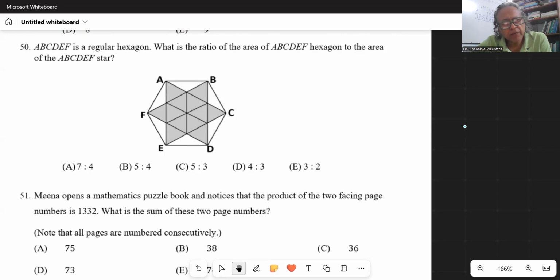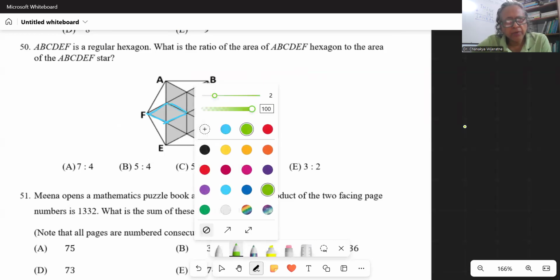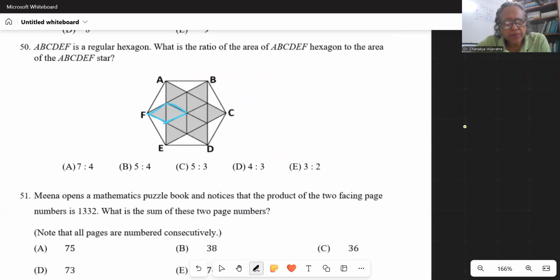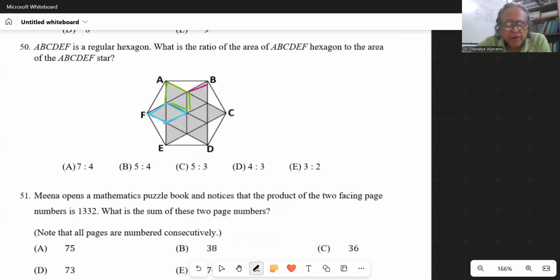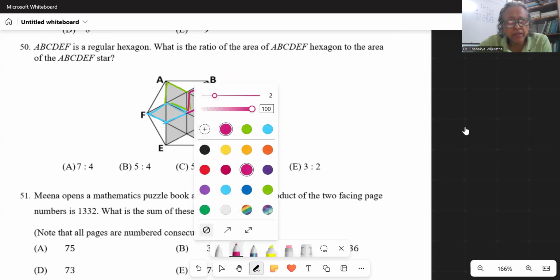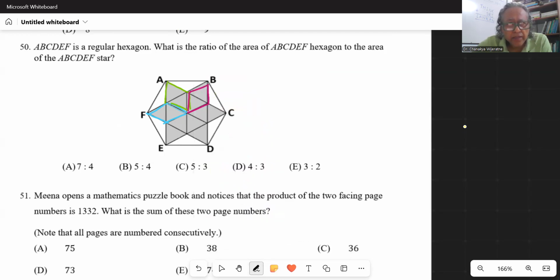So if you look carefully, you can see that there are these rhombuses, right? There are 6 of them. So I'll actually outline 3 in color.